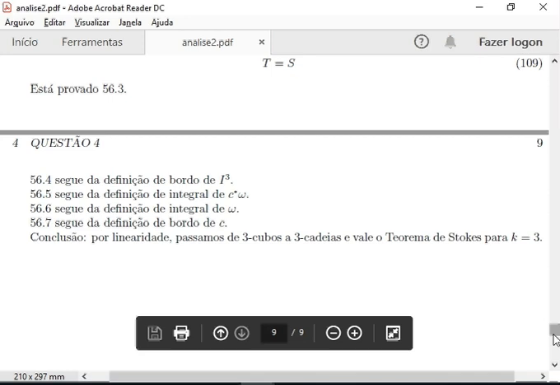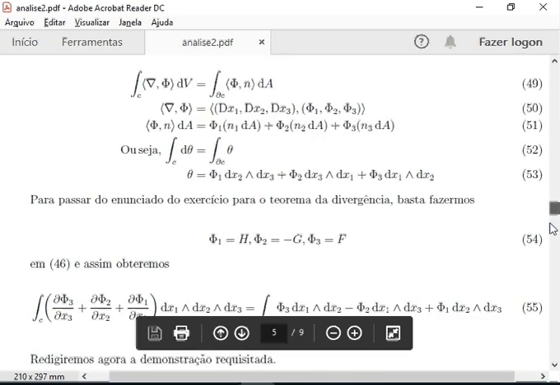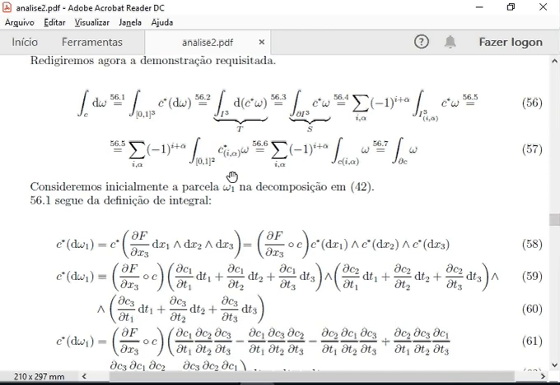Definition of integral of omega. The integral of c pullback omega is the integral of omega over c I alpha. If we have to integrate omega, we have to integrate the pullback over the straight cube. The right hand has a deformed cube and the left hand has a straight cube.